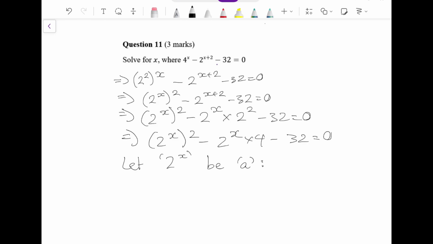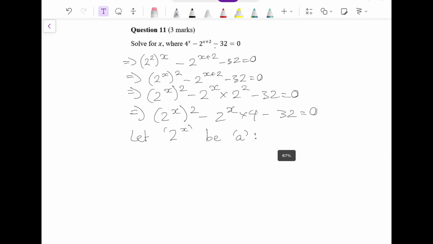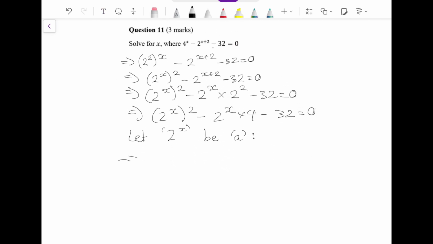And we can substitute a or any other variable to represent 2 to the power of x. So this gives us a to the power of 2 minus a times 4 minus 32 is equal to 0. And you'll see that this gives us a much simpler quadratic.